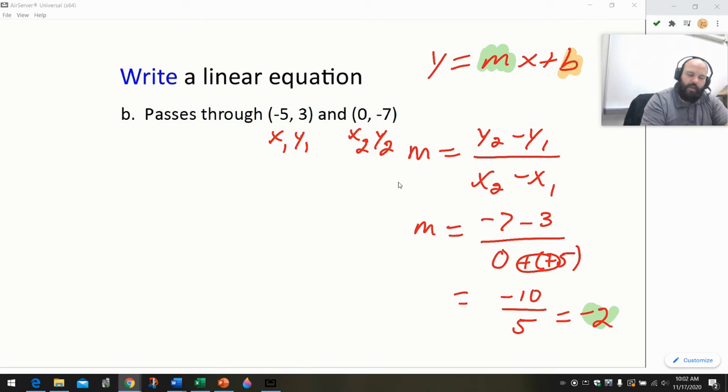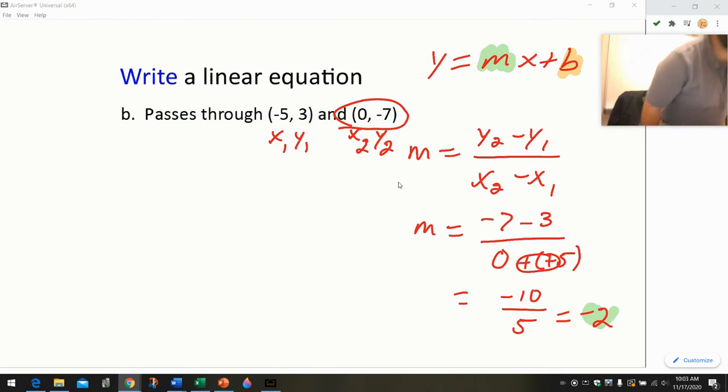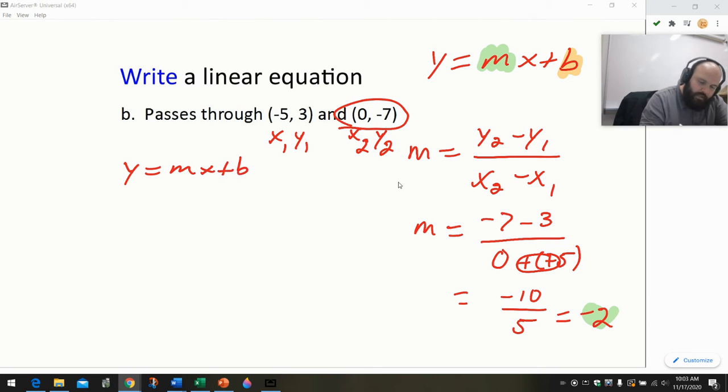And the way that we're going to do that is we're going to take one of these two ordered pairs. I'm actually going to use this ordered pair because there's a 0 in it, but it doesn't matter. You can use either one, and your b will end up being the same no matter which ordered pair you choose to do this with. But I'm going to write y equals mx plus b, and then I'm going to fill in -7 for y.